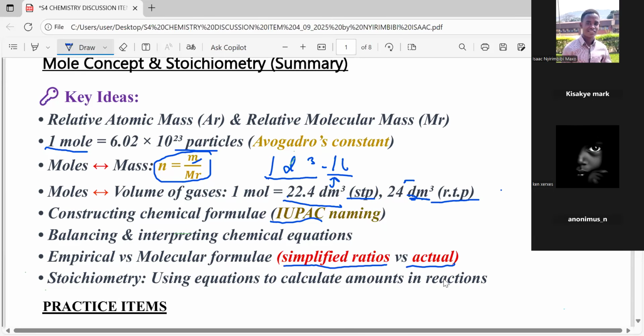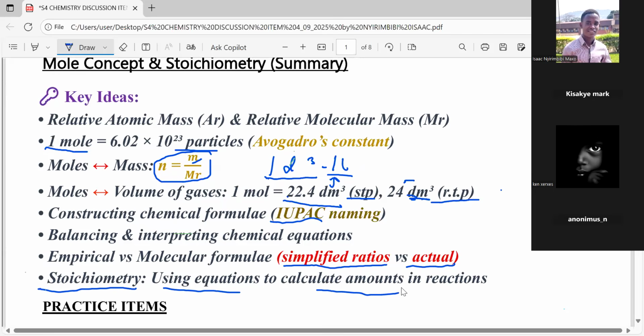We are going to look at a scenario which involves an empirical formula and a molecular formula. Then another thing we shall look at is stoichiometry, using equations to calculate amounts in reactions.